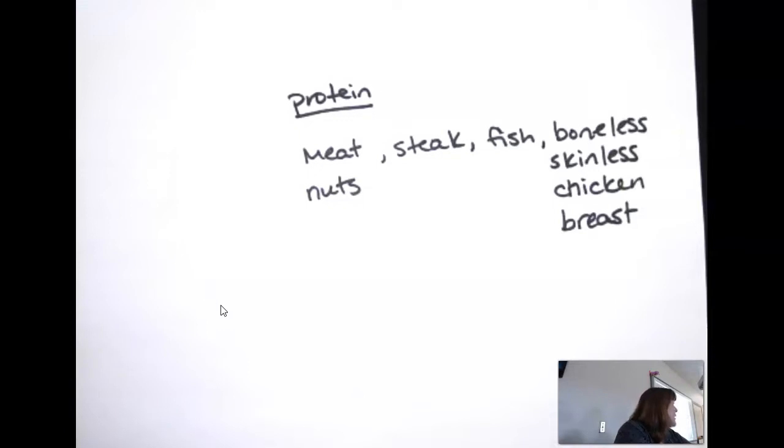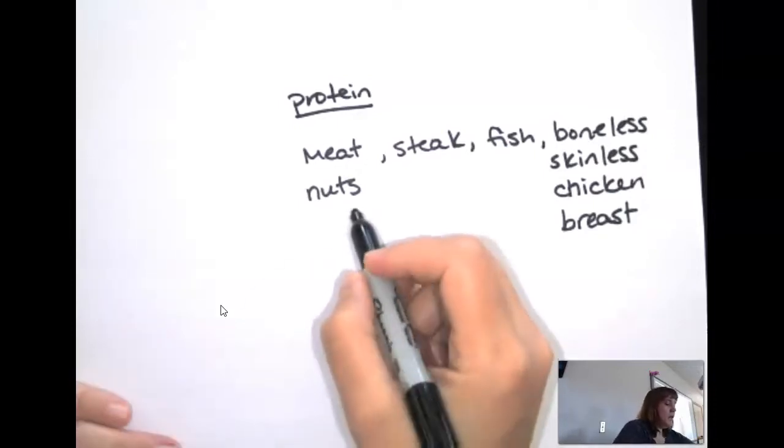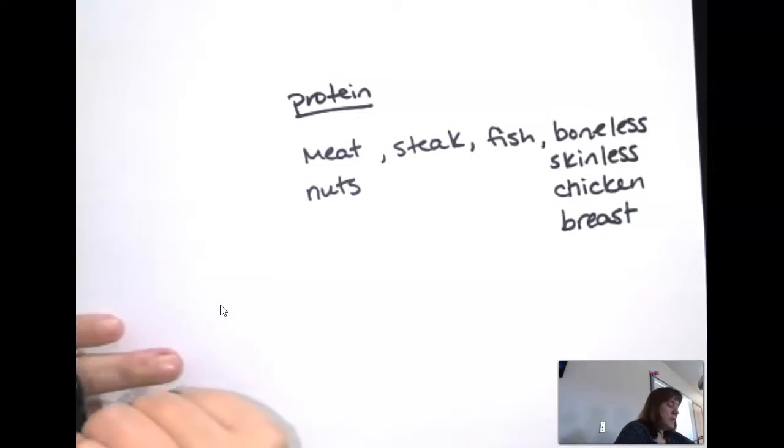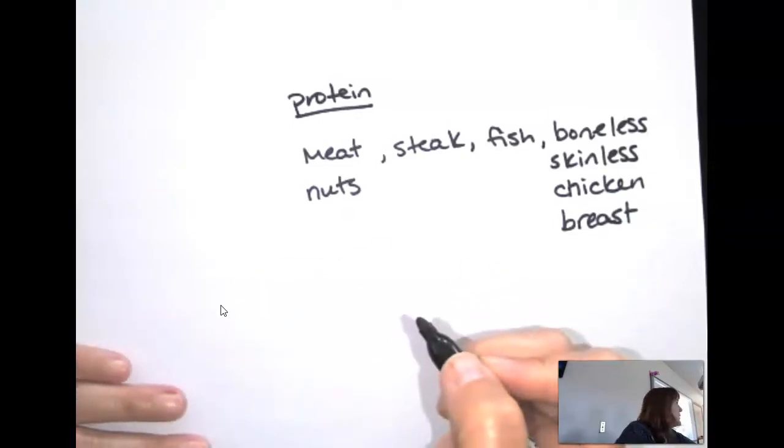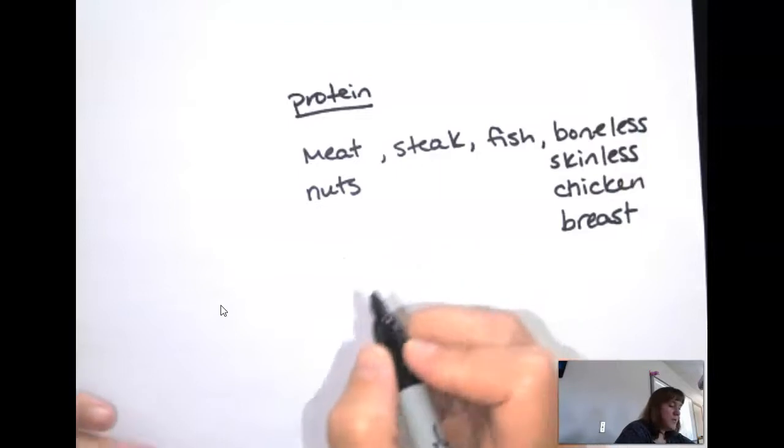The egg white is protein, but the egg yolk is primarily cholesterol, so that would be a lipid. So I tried to keep it very straightforward: a steak, the meaty bit, nothing fatty. Nuts do have a lot of healthy fats in them, so I probably wouldn't use them as an example, but they are good sources of protein as well.